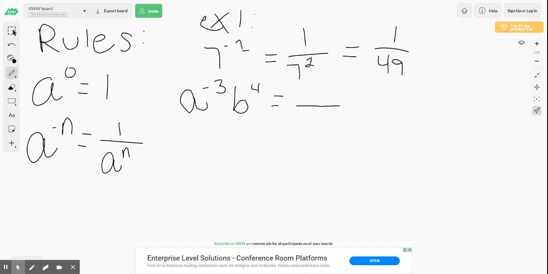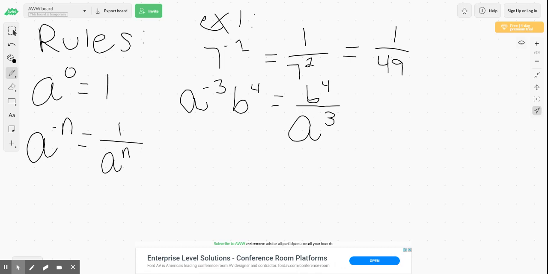So since the a has a negative exponent, I'm going to put it in the opposite spot. So right now it's understood to be in the numerator, so I'm going to change it to the denominator. Since I moved it, that negative goes away. So now instead of a negative 3, it's a raised to the positive 3. And there's absolutely nothing wrong with the b to the fourth. So I'm going to keep it in the numerator.